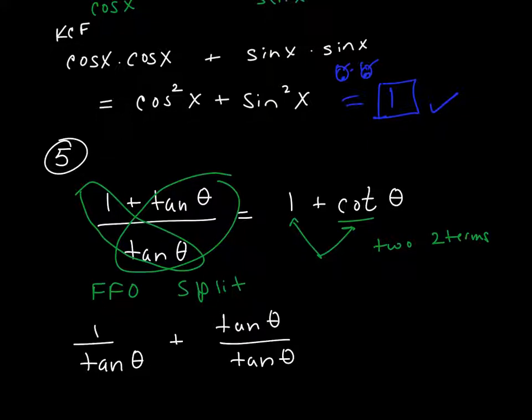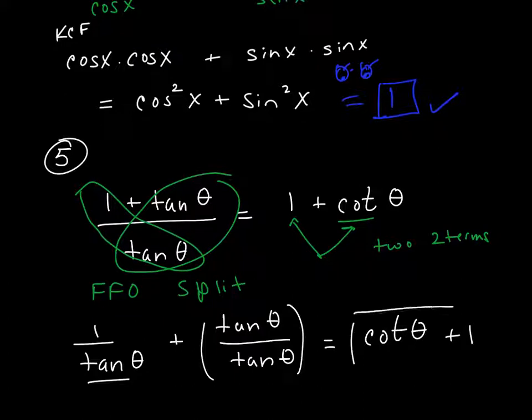Well, what is 1 over the tangent? 1 over the tangent is the same thing as the cotangent of theta, and tangent over tangent is just equal to 1. And that is the last identity for us for this video.